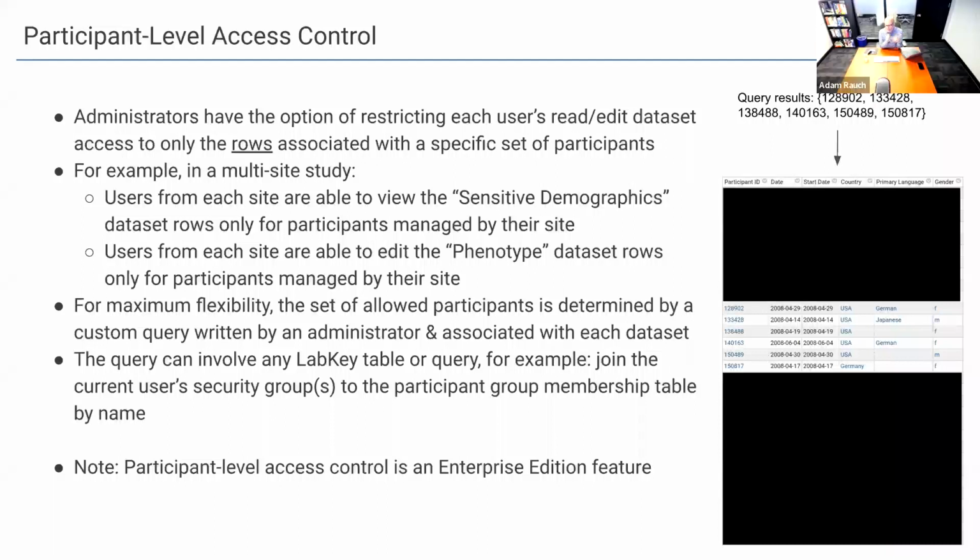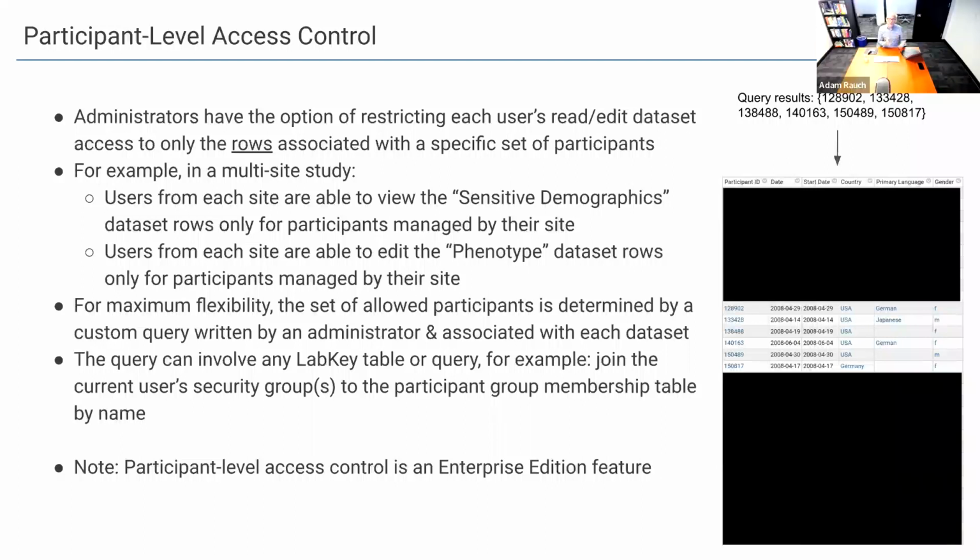Each site recruits and manages a certain set of specific participants, and that site is responsible for those participants and submitting those participants' data. So let's further say that we've got a sensitive demographics data set that is managed by each site, and we've got a phenotype data set that's managed by each site.